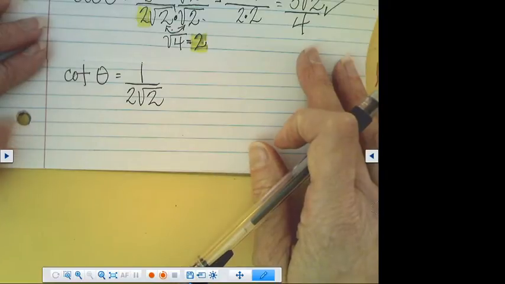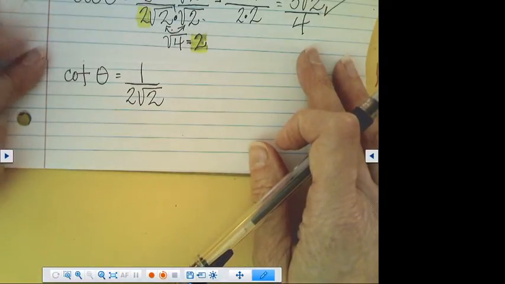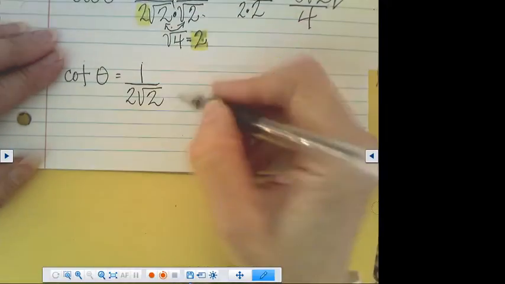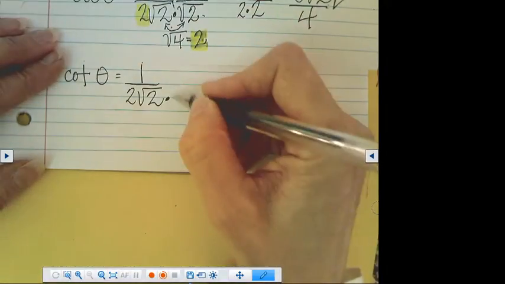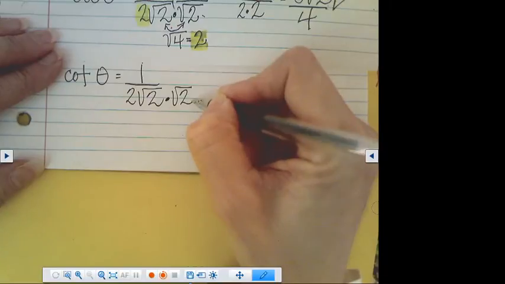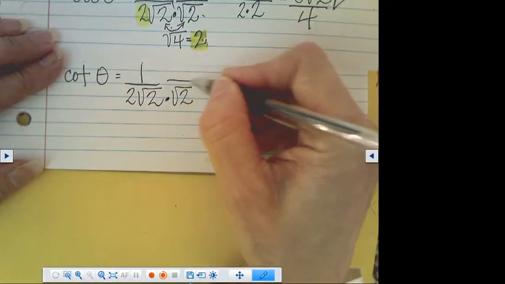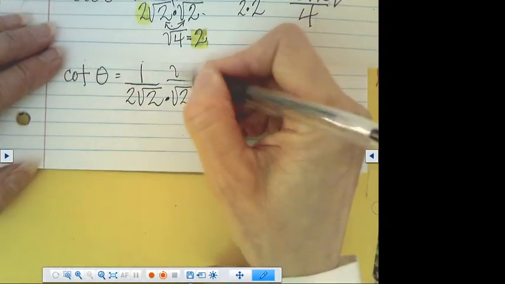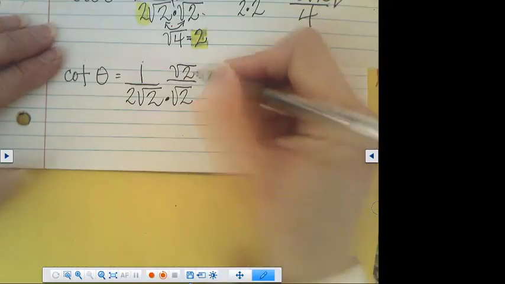Okay, here we go. Let's do the same thing. Rationalize your denominator by multiplying top and bottom by what? Square root of 2. What you do to the denominator, you also have to do to the numerator. So multiply top and bottom by square root of 2.